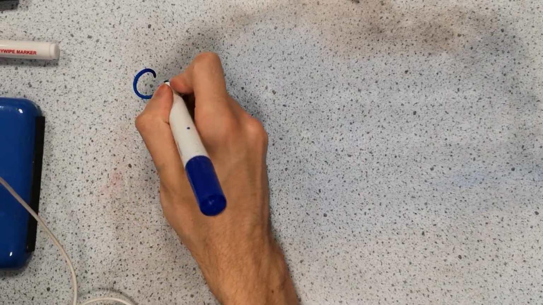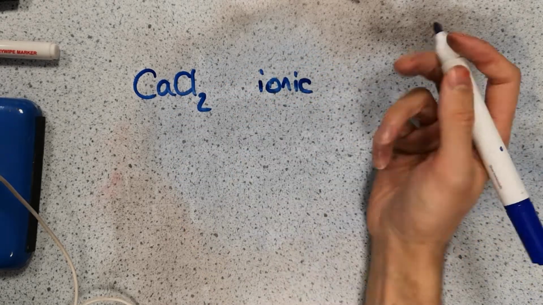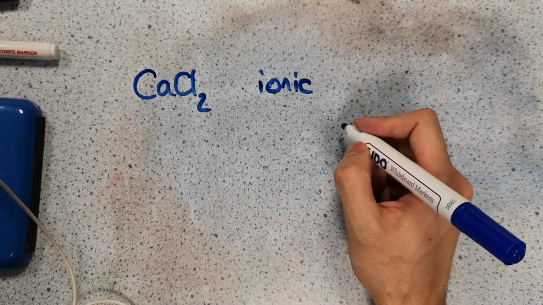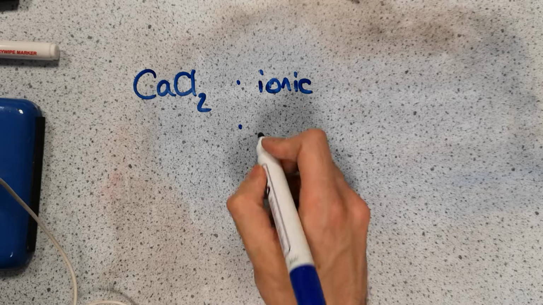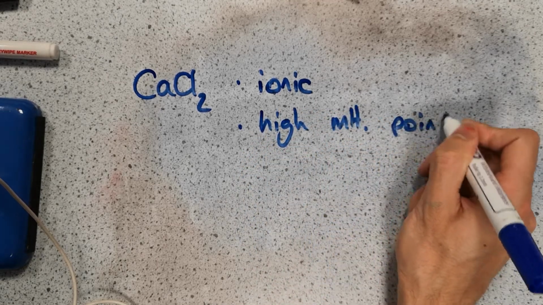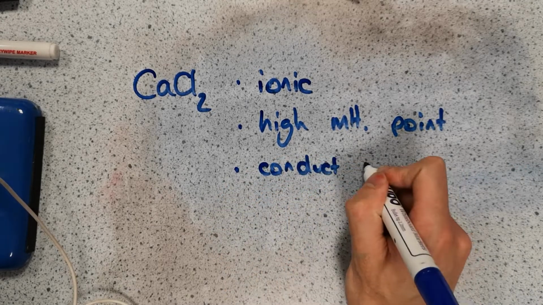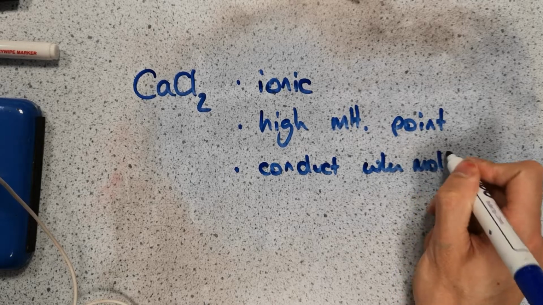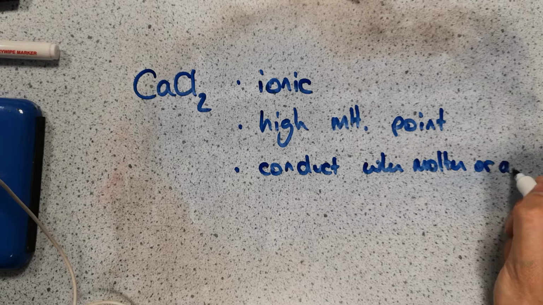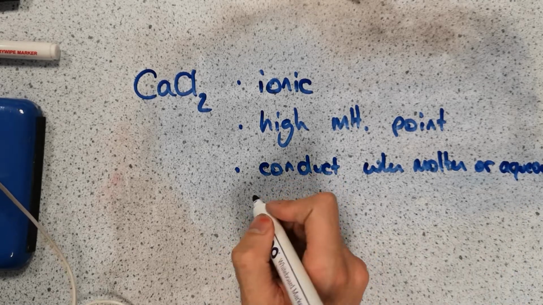Calcium chloride next, CaCl2. Now this is an ionic compound, and ions form giant ionic lattices. They have high melting points because the bonds are very strong. They conduct when molten or aqueous, when they're dissolved in something. This is because the ions can move.